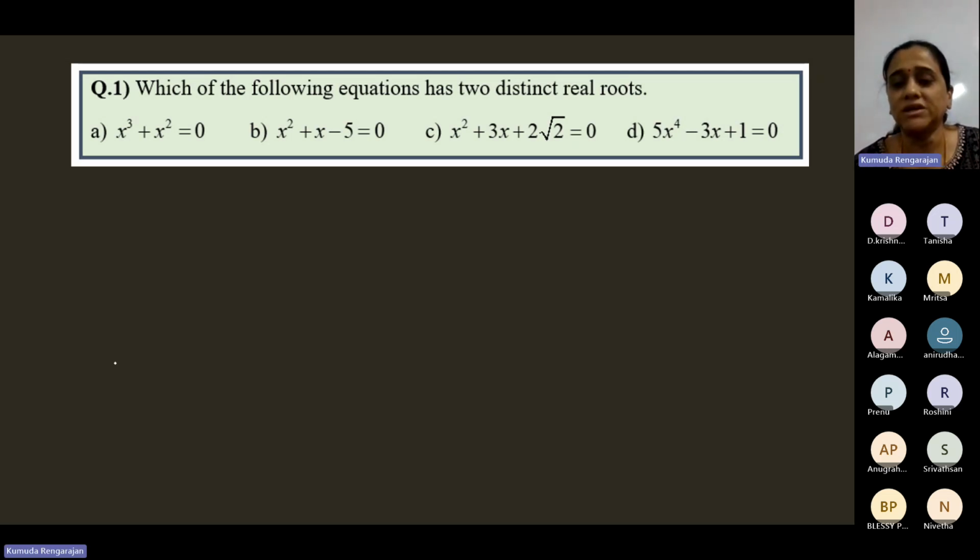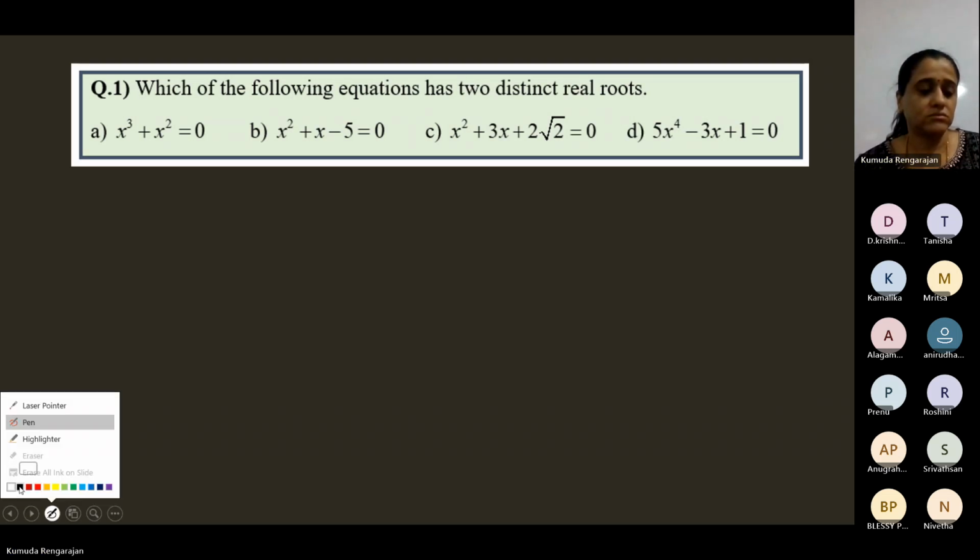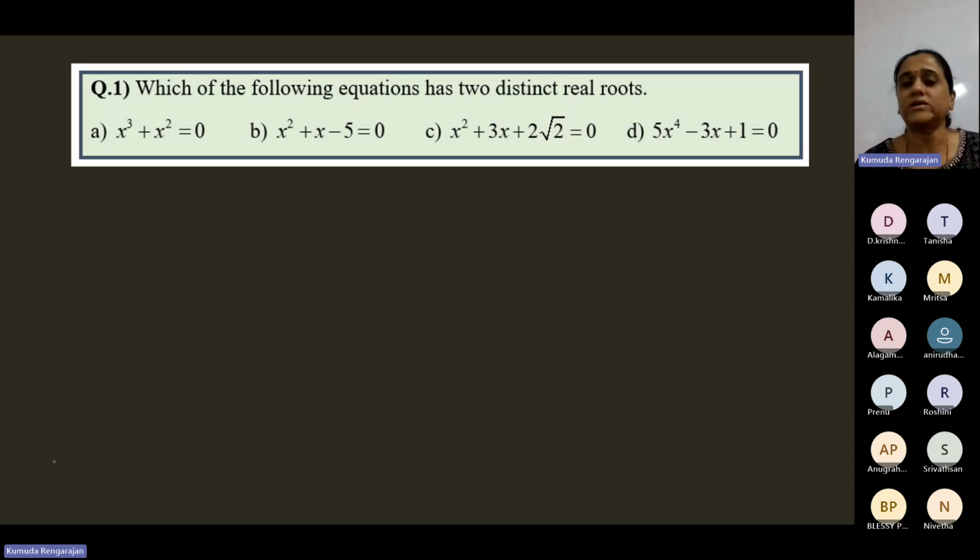And Tanishka, the image you sent was very dull. Is this option D 5x square or 5x to the power 4? Have the paper beside you. Power 4 only, ma'am, not 2?